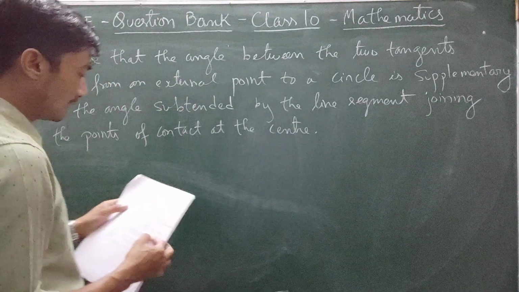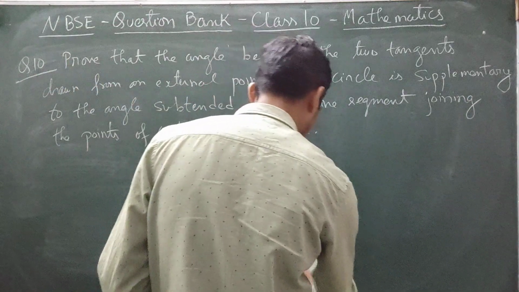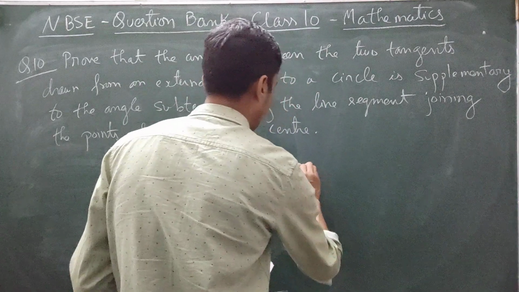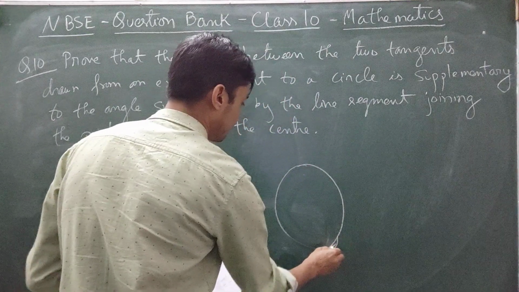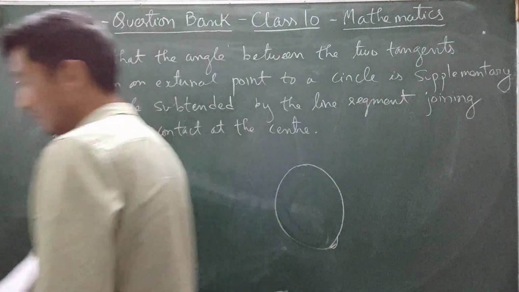Supplementary means the combined angle is 180 degree. So the question is, prove that the angle between two tangents drawn from an external point. So we will have a circle. It might not look like a circle, but come on.